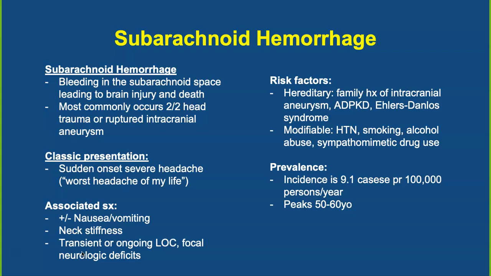It could be transient loss of consciousness or some focal neurologic deficits. Typically, there's like hereditary risk factors that could predispose people to subarachnoid hemorrhage, as well as hypertension and smoking being very common as well. And this prevalence typically peaks in the 50s and 60s, so it's usually in your older adults, with 9.1 cases per 100,000 people per year.